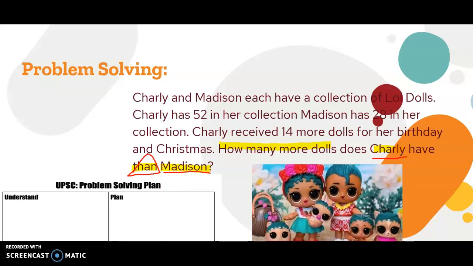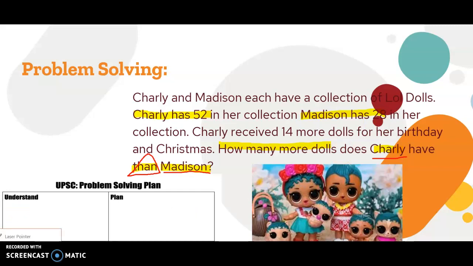Okay, so let's go back to the first sentence and highlight the information that we know about Charlie. So we know that Charlie has 52 dolls in her collection. And we know that Madison has 28 dolls in her collection. Okay, so I'm going to write that in my understand.